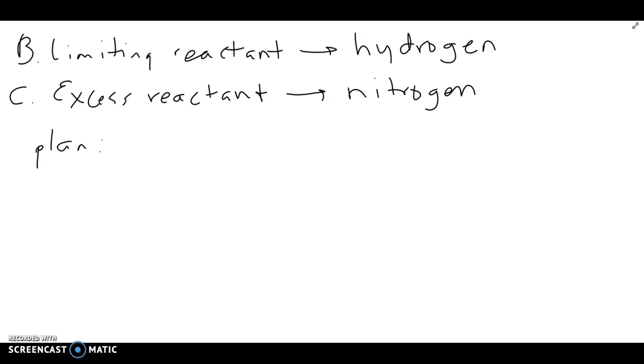So our plan is going to be moles of ammonia to moles of nitrogen. We have the amount of product we can make because that's all we can make with the amount of hydrogen we have. Now we have to find out how much nitrogen we're using.